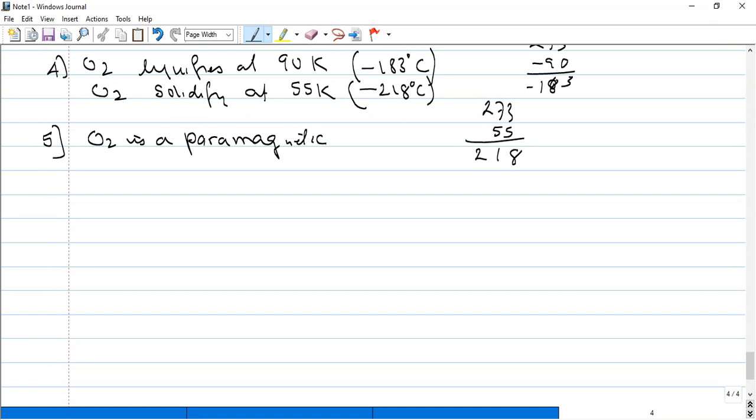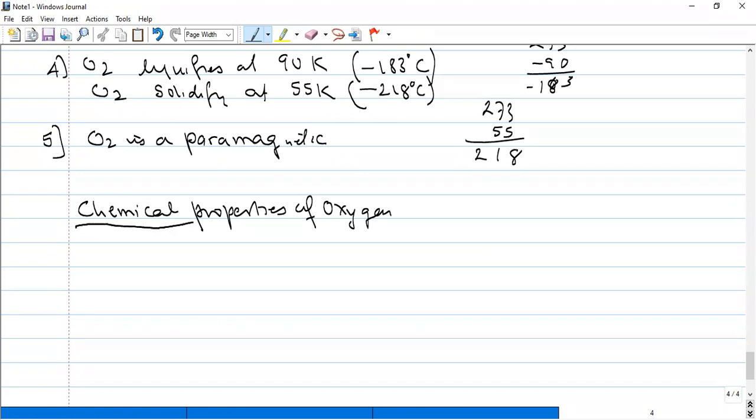Now, let us see the chemical properties of oxygen.